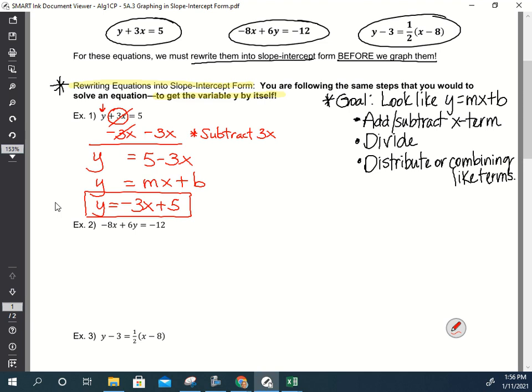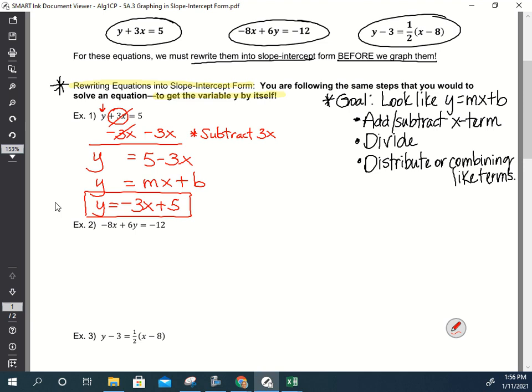Go ahead, Trenton. Well, yeah, after this, we would go and graph it. After you rewrite it, then you would graph it. We'll do that part in a second. Right now, we're going to focus on rewriting. And what else?